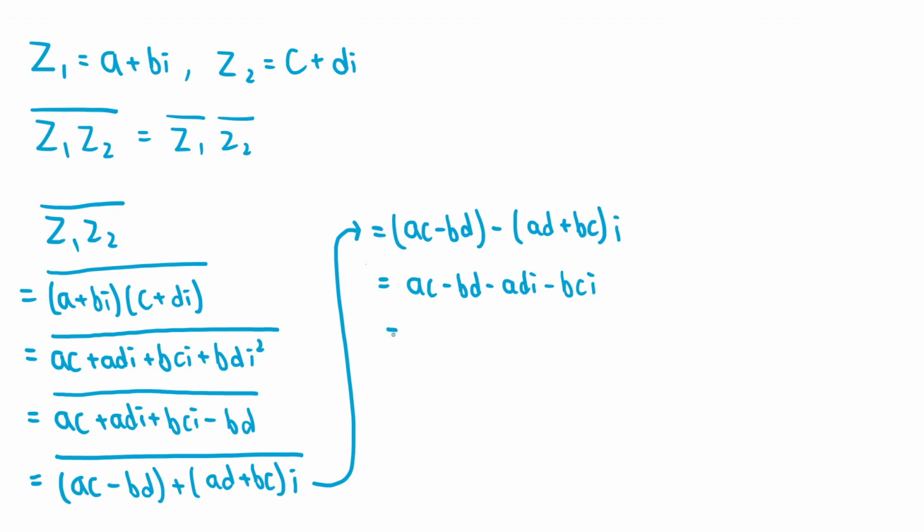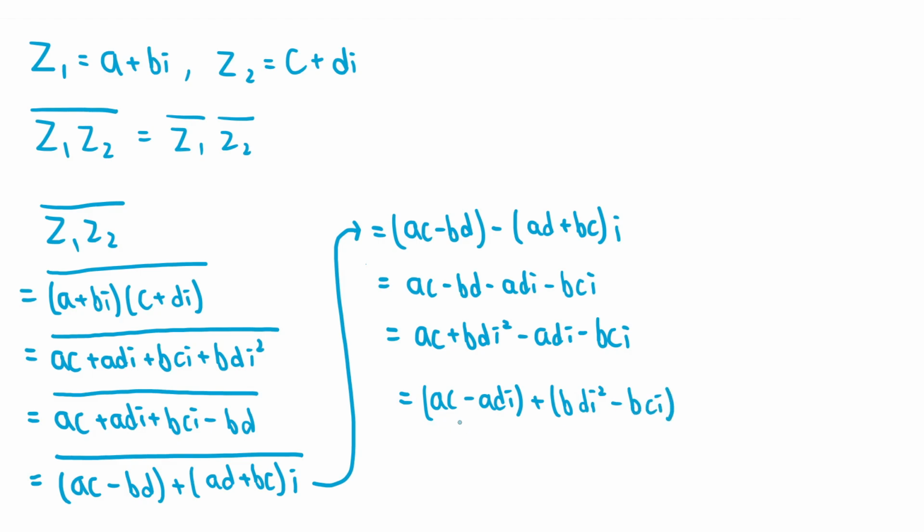So this entire expression just becomes ac plus bdi squared minus adi minus bci. So we can factor this by putting the first and third terms in a group and the second and fourth terms in the other group. So this becomes parentheses ac minus adi plus parentheses bdi squared minus bci.